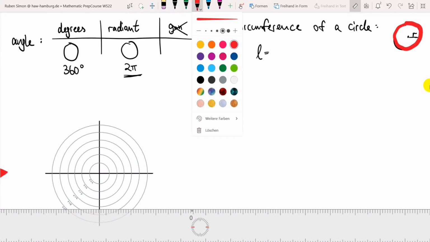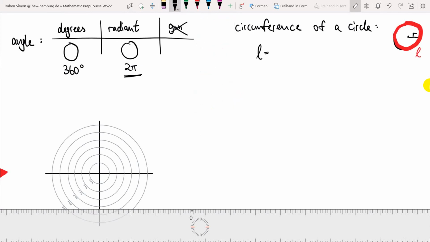Who remembers that? We can put a rope, then measure the rope's length. Yes. And what would be the length expressed in the formula? 3.14, something like that.